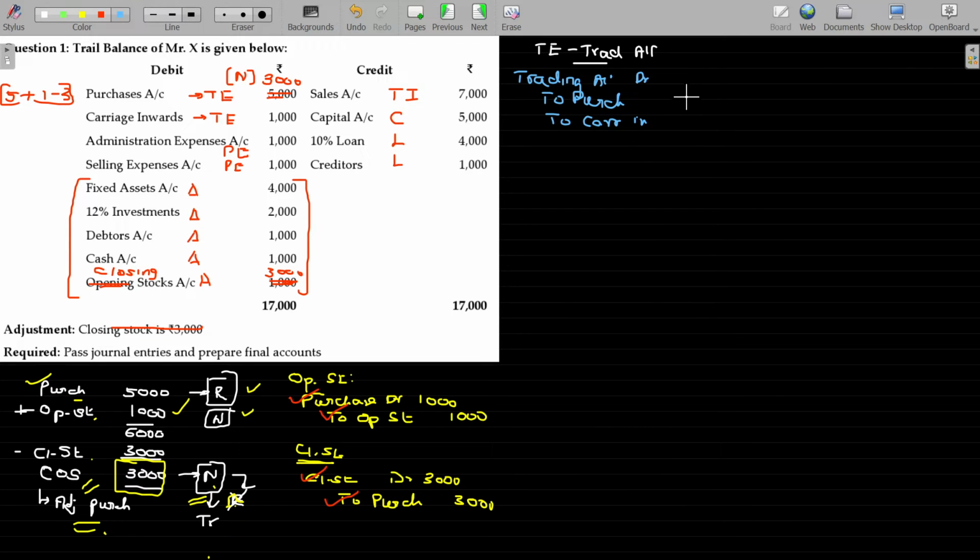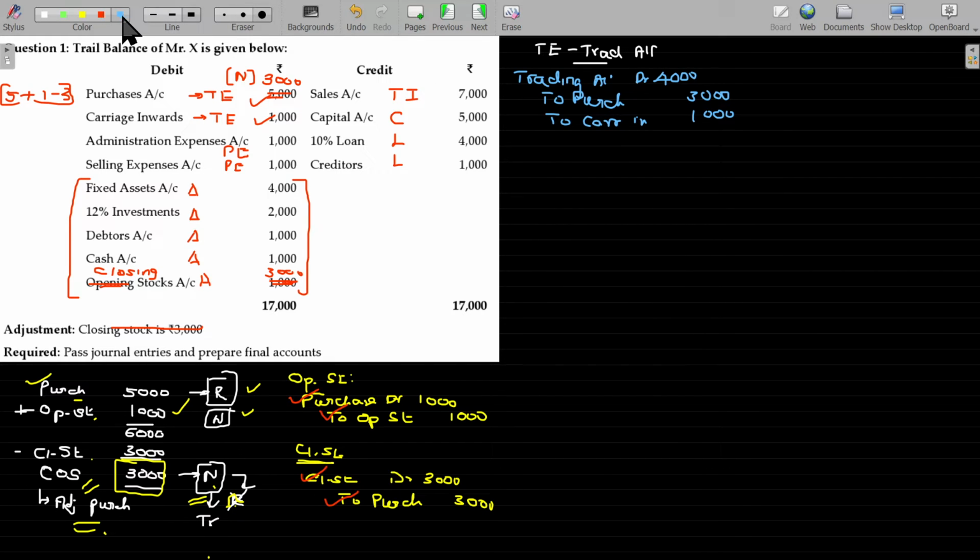How much is that? This is 3000 and carriage in is 1000. Only two items are available, right? So I have posted these two items. This one is over, this one is also over. The total value being 4000 rupees.